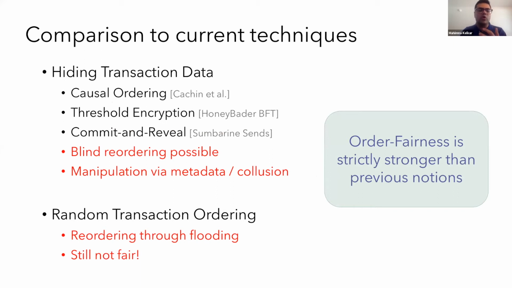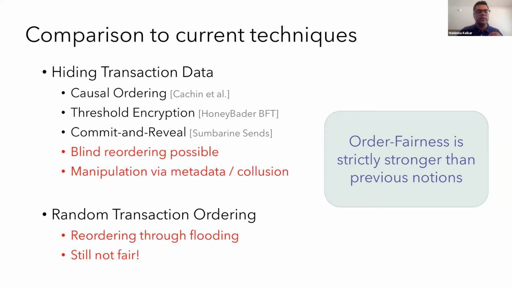Some more popular crypto techniques hide transaction data before ordering the transaction, so you order the transaction before its contents are revealed to prevent these front-running attacks. This traces its roots back to causal ordering from several decades ago, as well as threshold encryption or commit and reveal schemes to hide the transaction data.